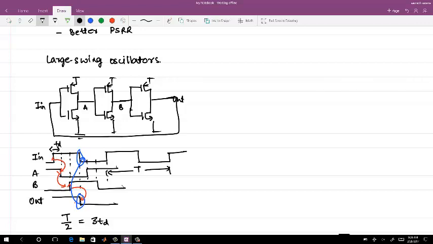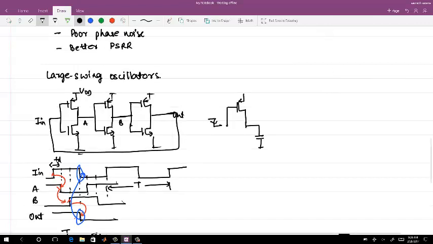And what is the swing at the outputs A and B? Full swing. If I take one single inverter, when the input goes from low to high, whatever capacitor is at the output, you will be charging this capacitor to VDD, and in the other case you will be discharging it from high to low.